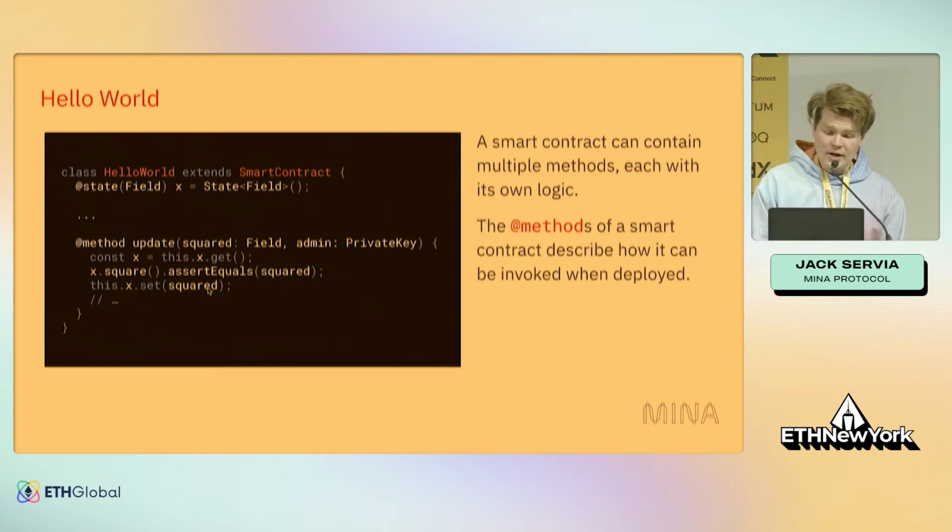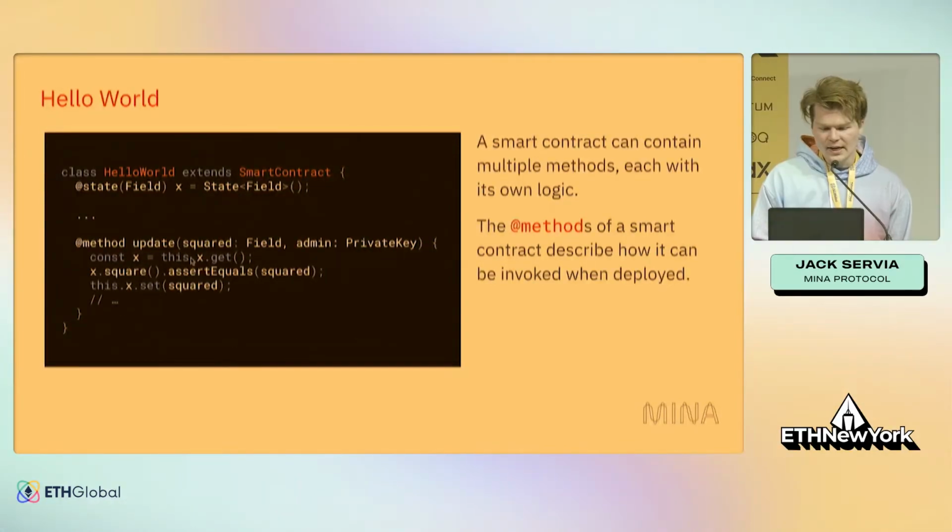A smart contract can contain multiple methods. Each will have its own logic. So here we've got this method decorator in front of update, which means that update will be callable by users, and it takes in a field element called squared, and then also a private key called admin. These describe how people can interact with it once it's deployed.